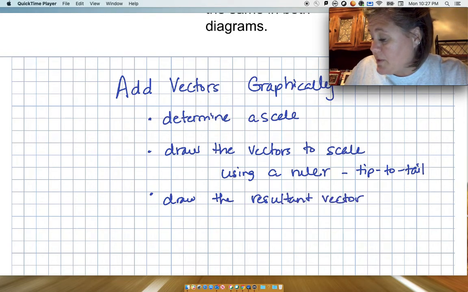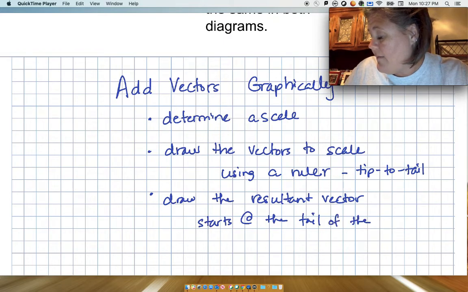Remember the resultant vector starts at the tail of the first vector and goes to the tip of the last vector.